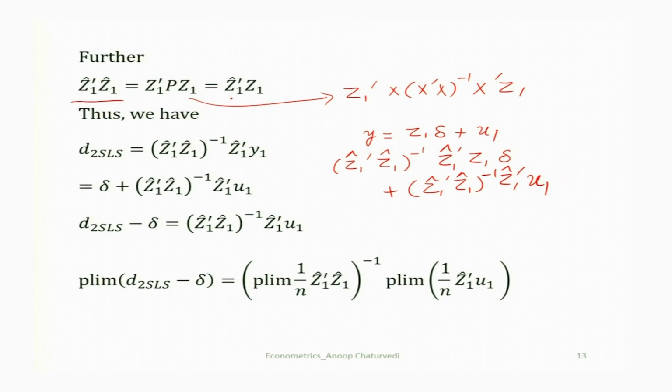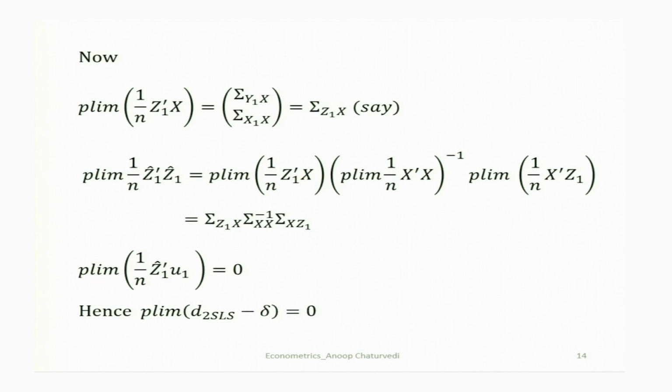Now, we make use of this result. So, here you get the identity matrix. So, this is equal to delta plus this expression. So, D_2SLS minus delta is equal to (Z1 hat transpose Z1 hat) inverse Z1 hat transpose u1, and then we take the probability limit. So, we divide this expression by n, and then you have the inverse here. So, you again divide this expression by n.